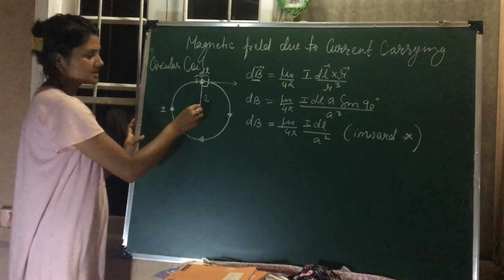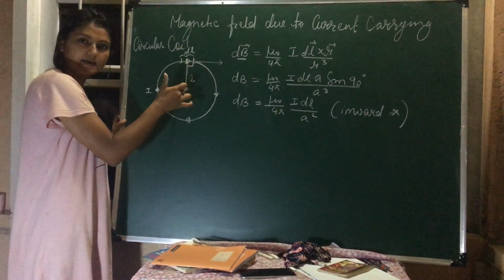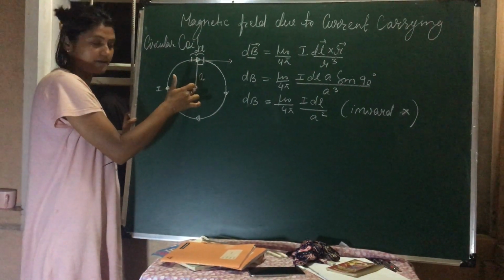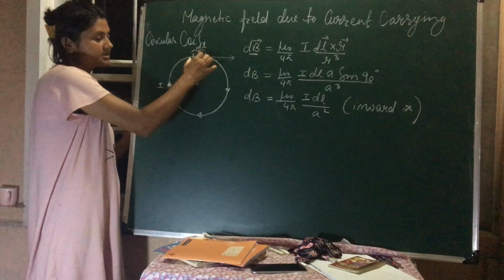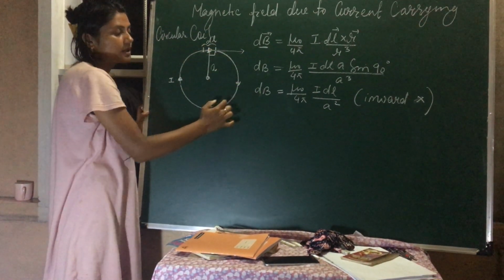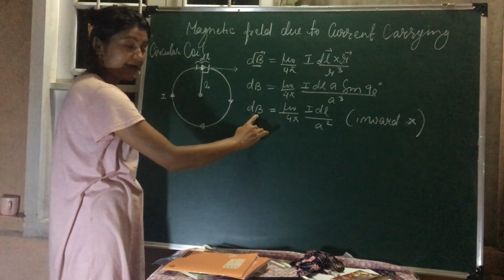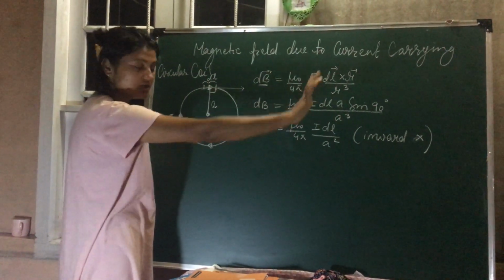So at the center, the magnetic field is always inward. The direction is the same due to each elemental section, so all the magnetic fields get added up.